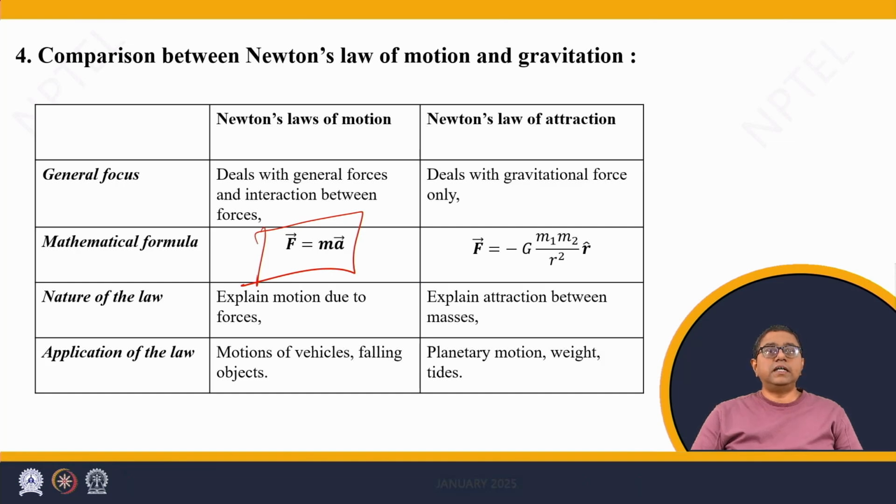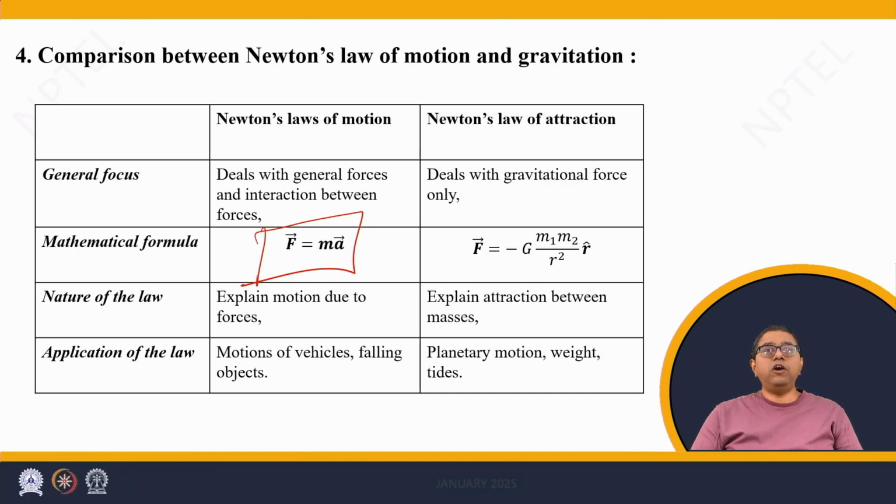Next, we consider the nature of the law. The Newton's law of motion explains motion due to forces, whereas the Newton's law of attraction explains the attraction between masses. So, the nature of Newton's law of motion is more general compared to the Newton's law of attraction.